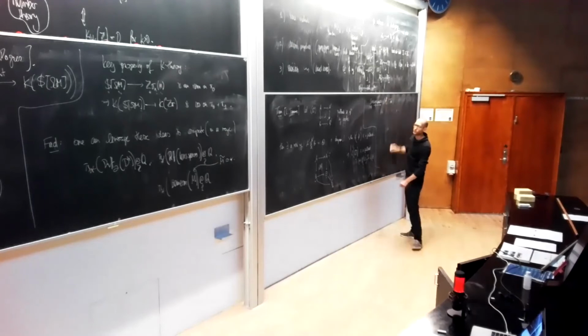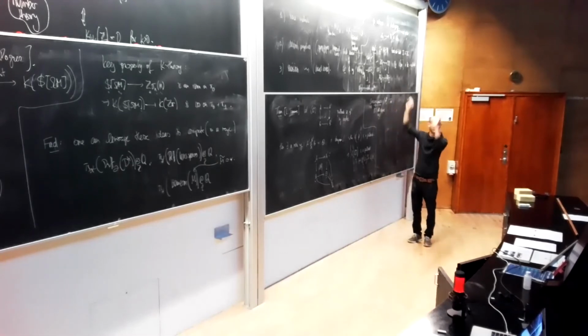suppose this is all this ring is. Now in this example, these kinds of squares are called Milnor squares.